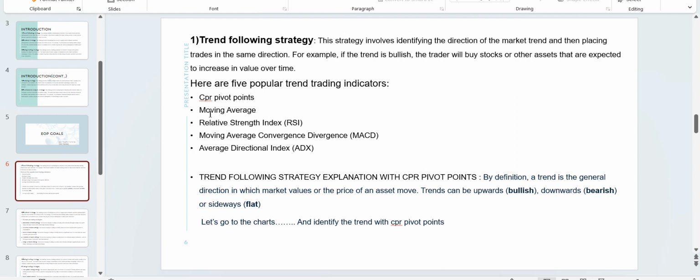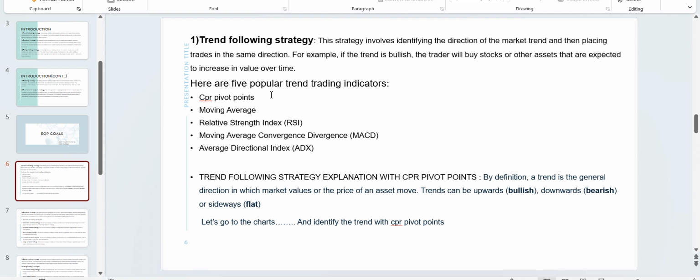For example, I am using the CPR pivot points. I am a big fan of CPR pivot points. Even though I learned about some other indicators, I'm not interested in such indicators. I'm just involved in CPR pivot points. That's it.